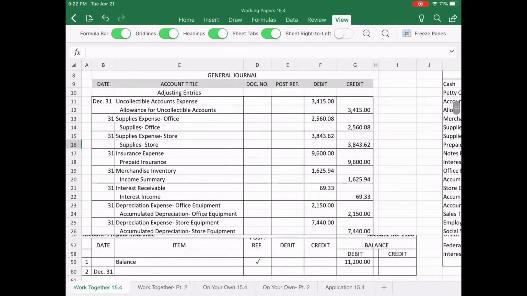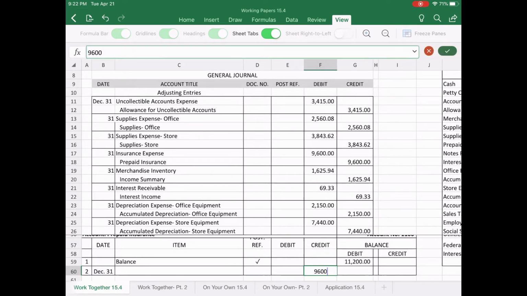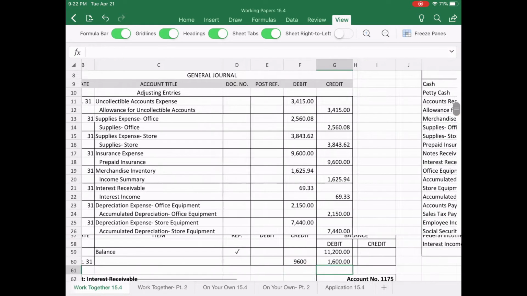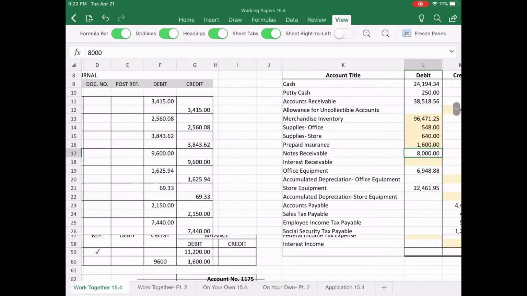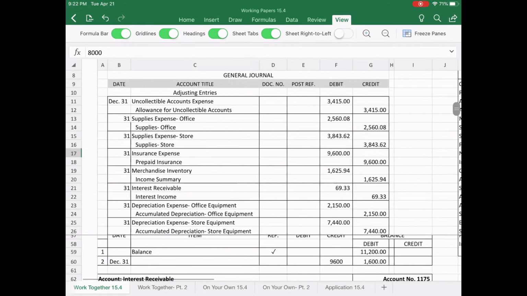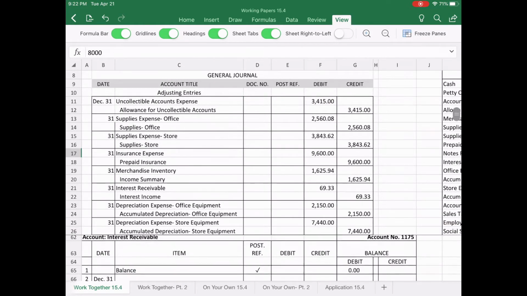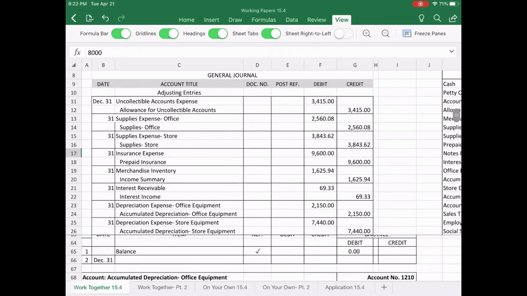Next up, prepaid insurance. That's $9,600 in the credit column. Once again, one's a debit, one's a credit, so we'll subtract the two amounts. $1,600 for prepaid insurance. Interest receivable, $69.33.